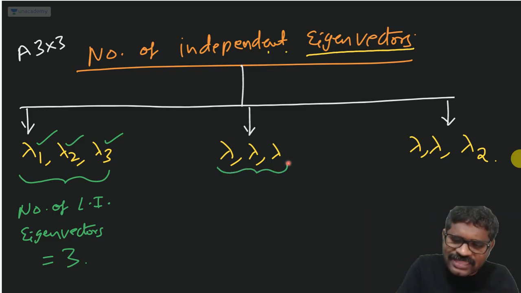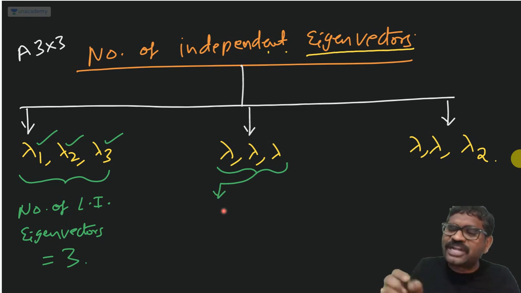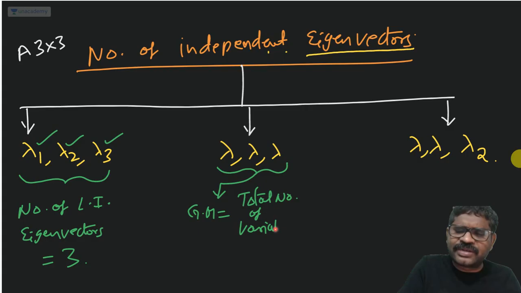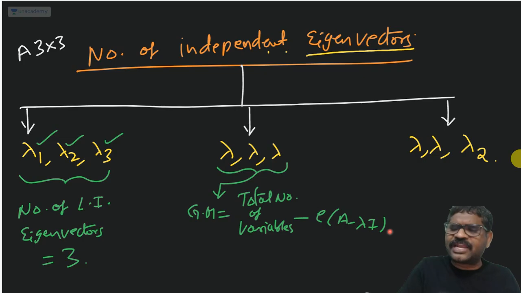in this case, I am giving the formula. You just have to calculate geometric multiplicity. GM equal to total number of variables minus rank of A minus lambda I. In the third case, you have to be very careful.